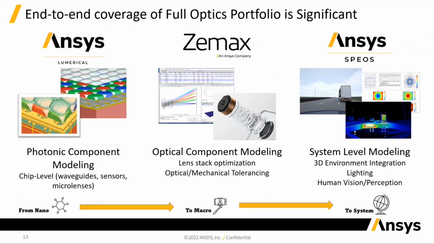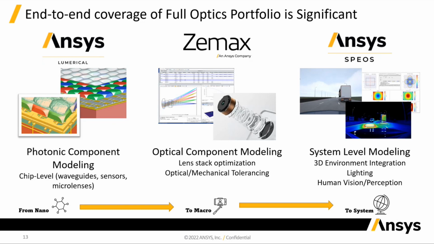So here is the multiphysics in the optics and photonic portfolio. So in the numerical, we use for the design in the chip level, like the waveguide, sensor, and also the micro lens.